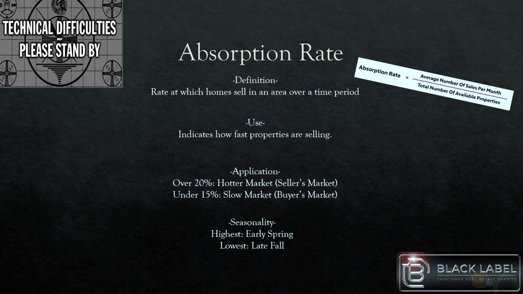So that's why early spring, it typically goes up because the number of sales did go up, but the available properties kind of stayed the same or a little bit lower. And it's usually lowest in late fall when you might have a surplus of inventory and people have kind of stopped shopping around because the holidays are coming up and people don't want to move between Thanksgiving and New Year's generally.